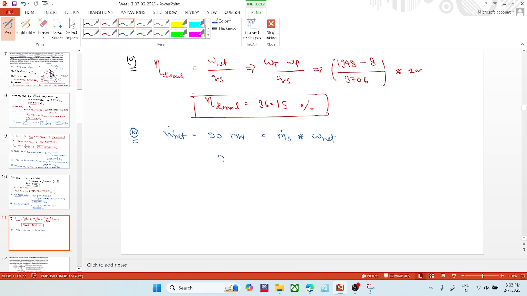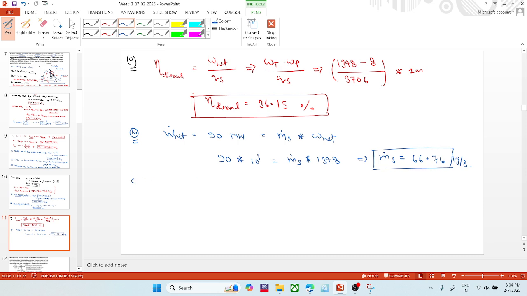To convert it into kilo, I will multiply it with 10 to the power 3. So ms dot, and W net we are having the value of 1348. So the value of the steam flow will come around 66.76 kg per second.